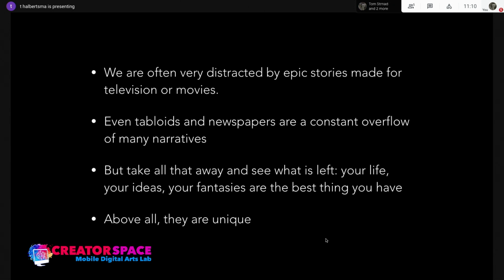Tabloids, newspapers, it's a constant overflow of many narratives. But take all that away, all the news, all the television, all the movies, and all the shows that you're watching. If you take that all away, whatever is left is actually your story, is the life you're in, and the things that you are doing, the things that you are thinking, believing, and experiencing.